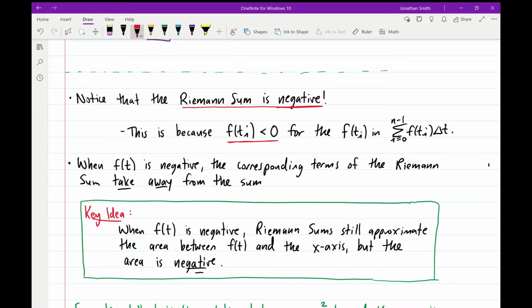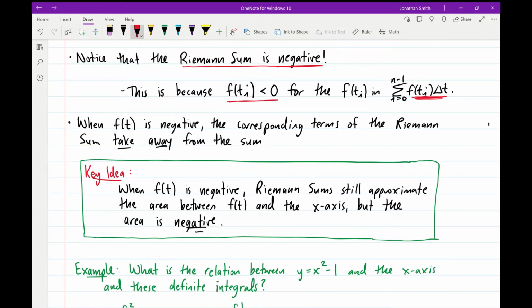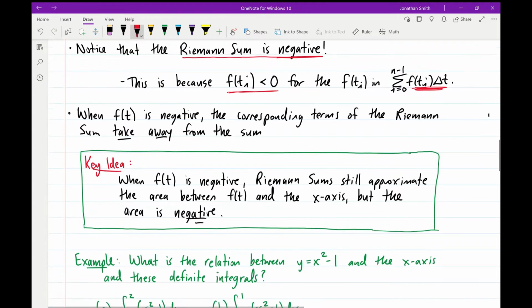And if we look at the Riemann sum, that means that all of these terms that are showing up, the f of t sub i times delta t, those are going to be negative as well. And if we add up a bunch of negative things, well, then we're going to get something negative. So when our function f of t is negative, the corresponding terms of the Riemann sum are going to take away from the sum, as opposed to contributing to the Riemann sum.